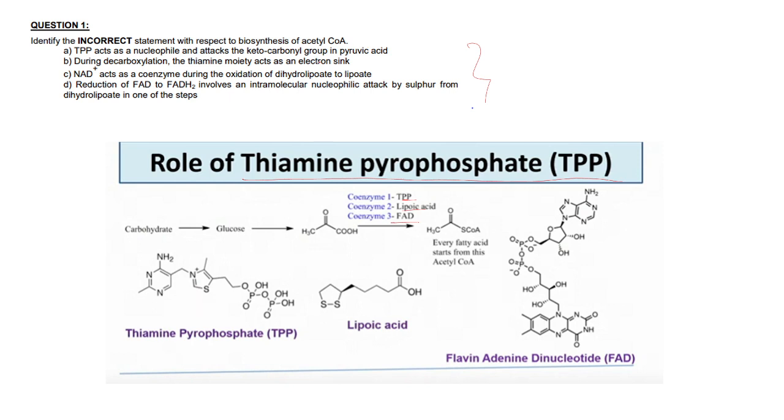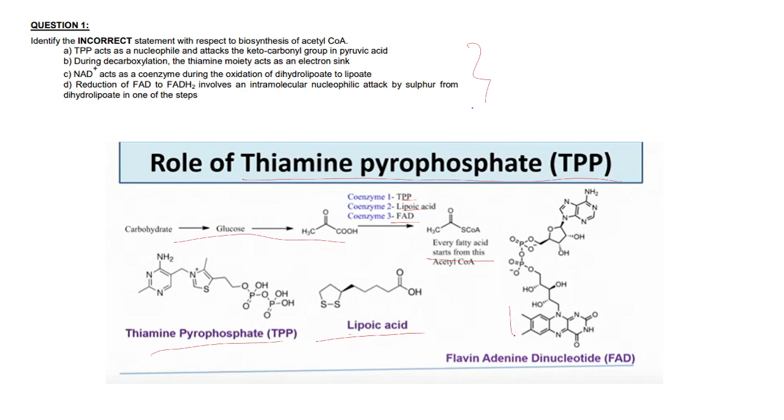For that we need to know the mechanism. These are the steps involved in the synthesis of acetyl coenzyme A. Here is the thiamine pyrophosphate, a thiamine group which has the phosphate. This is lipoic acid, and this is flavin adenine dinucleotide.